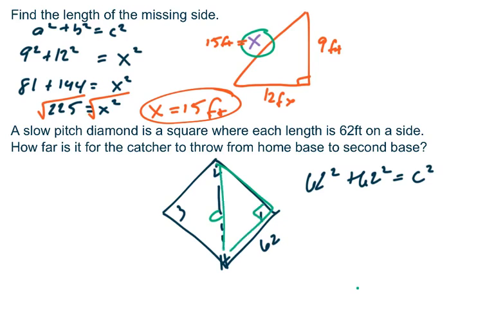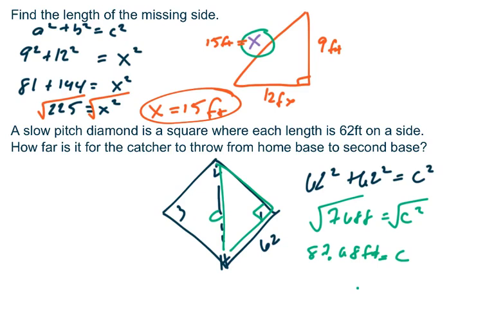And you do all of that math, you would find out you're looking for the square root of 7,688, and you get approximately, when you push the buttons on your calculator, 87.68 feet that the catcher has to throw the ball from home to first.